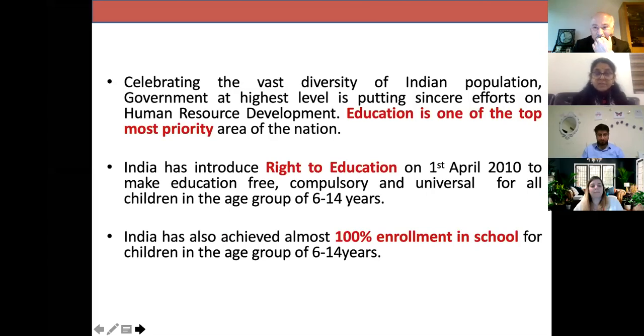India introduced the Right to Education on 1st April 2010 to make education free, compulsory and universal for all children in the age group of 6 to 14. And now we are ready to extend it to senior secondary school students also. India has also achieved almost 100% enrollment in school for children in the age group of 6 to 14 years.